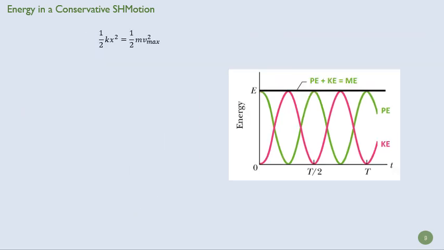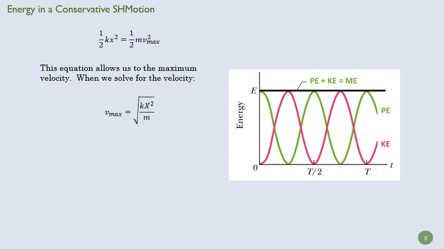Now, what can we do with that equation? It allows us to solve for our maximum velocity for a system. Okay, so we can solve for v max by moving this 2 to the other side of the equation, moving the m to the other side of the equation, and taking the square root. So this is our equation for the maximum velocity in a conserved, spring-driven, simple harmonic oscillation.